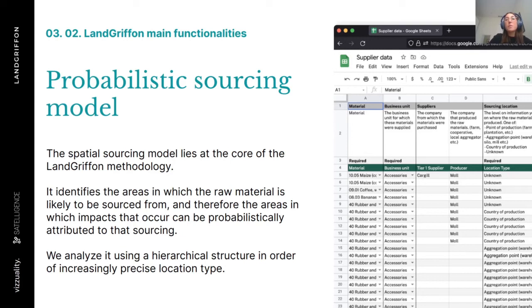This location type determines, for example, if the company knows the exact location of the production farm and therefore the output will be a point on a map or nothing at all. So we will be using trade statistics to obtain a weighted map. The ingestion of all of this information is done using an Excel file as the one that you can see in this slide.